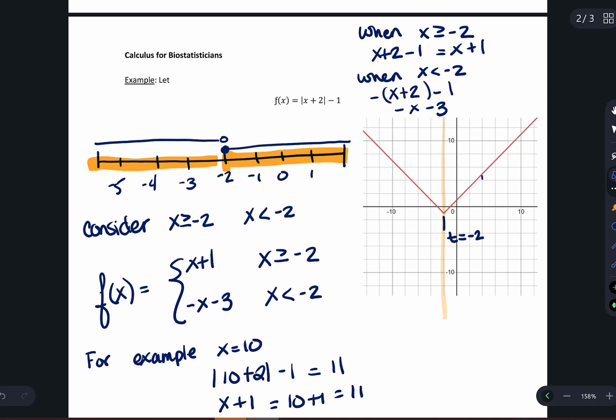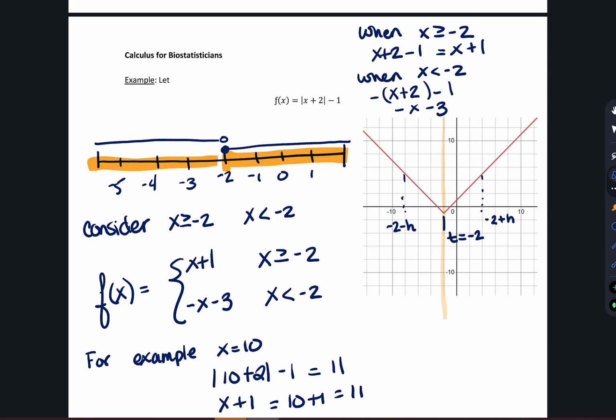Remember h is arbitrary, but this would be equal to -2 plus h. And then we could have a point down here that would be -2 minus h. And remember, the limit that we're really concerned about is the slope of the tangent line as this distance approaches 0 from either side as we move towards t equals -2.